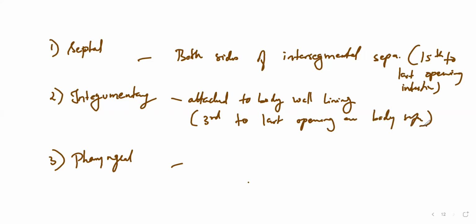Whereas pharyngeal nephridia means three pairs, that is the 4th, 5th, and 6th. So this is all about the excretory organ termed nephridia, which is divided into three types: septal, integumentary, and pharyngeal.